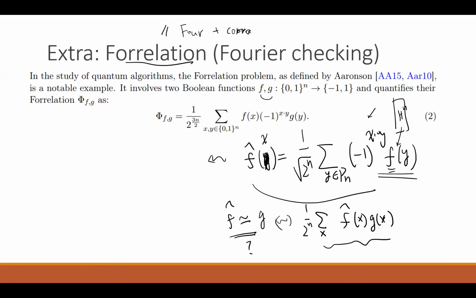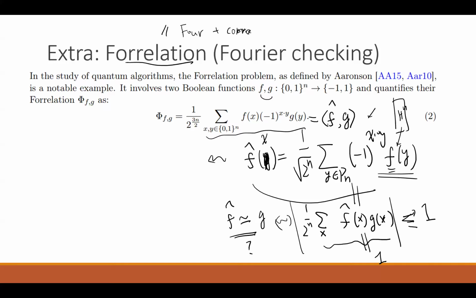If g and f hat are exactly the same, then this will be 1, because you sum over 1s and divide by 2 to the n. Since these are Boolean functions taking values -1 and 1, this is indeed an inner product, and one can check it is always bounded by 1. If you plug in f hat of x and multiply by g of x and sum over x, you get this expression, which is just the inner product of f hat and g.